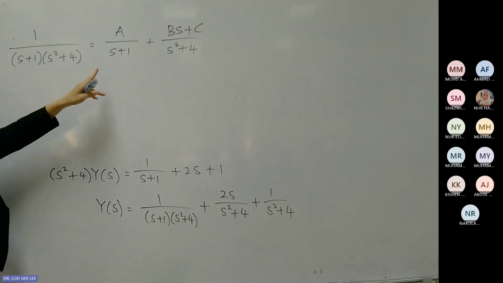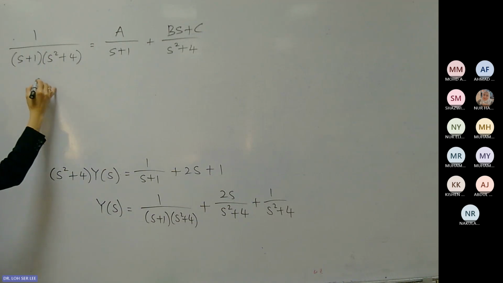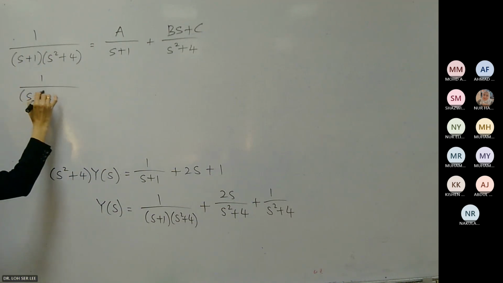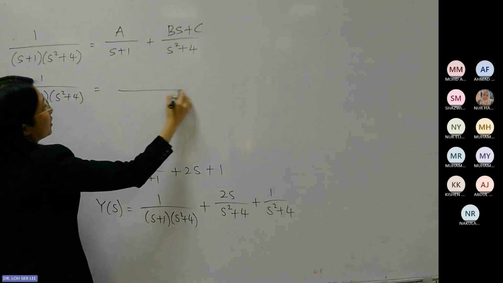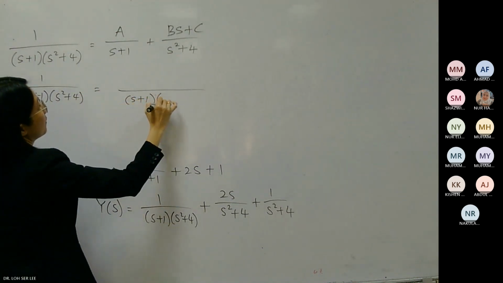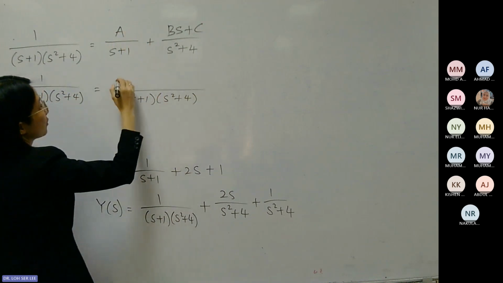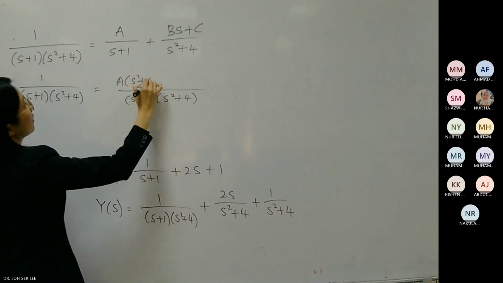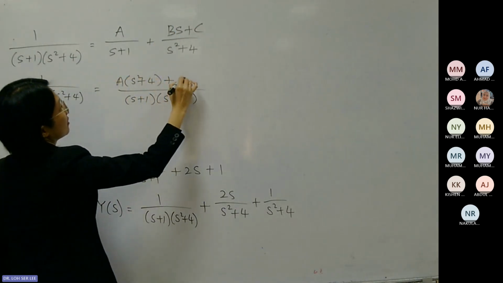Now we want to compare. This one we want to combine into one. If you want to combine into one, meaning that A has to multiply to this, and this one has to multiply this.